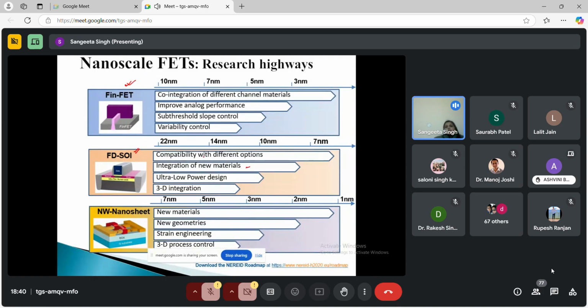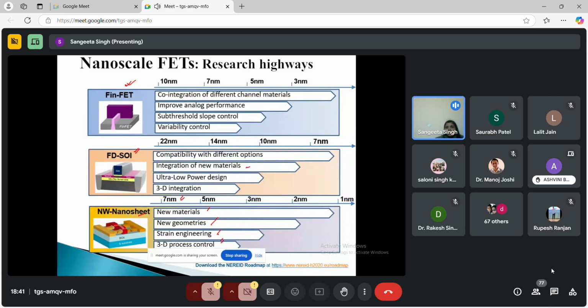But if you want to scale below 7 nanometer, you need to think about nano sheets, nano ribbons, new materials, new geometries. Then strain engineering, meaning making alloys of silicon and germanium. Various 3D process control things should also be addressed. This is what ITRS predicted back in 2020, and we are in 2025.